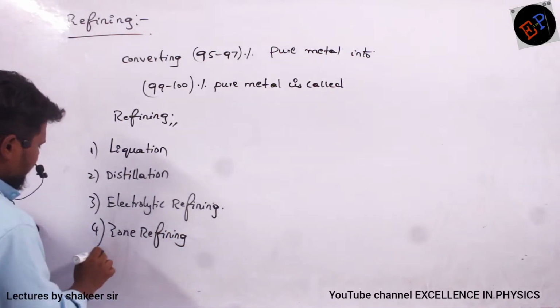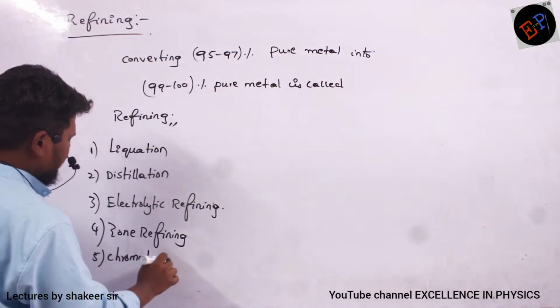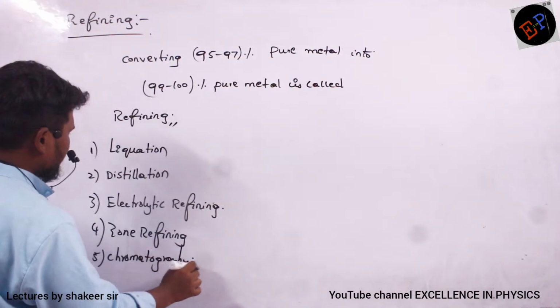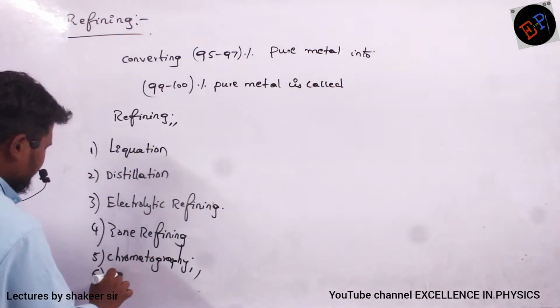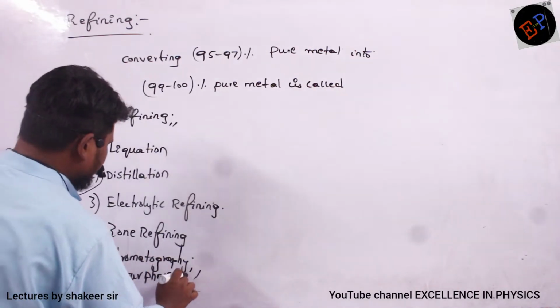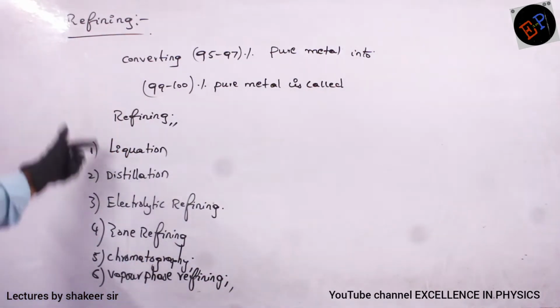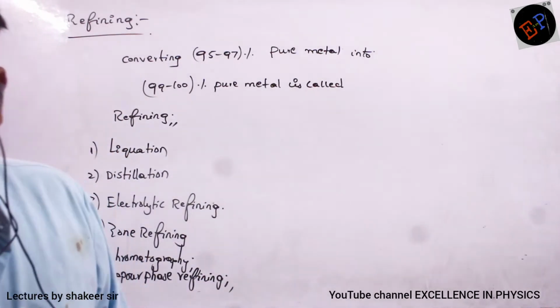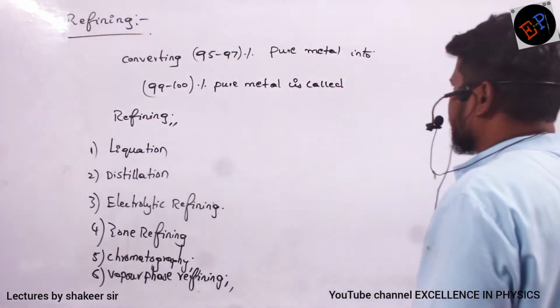And fifth one is called as chromatography. Are you able to understand? And one more method is there, which is called as vapor phase refining. So these are the different methods which we use to refine a metal. So let us study about each of them in detail.